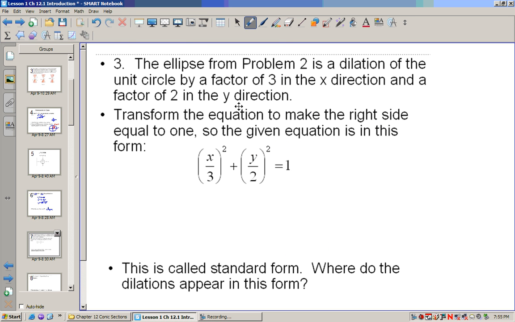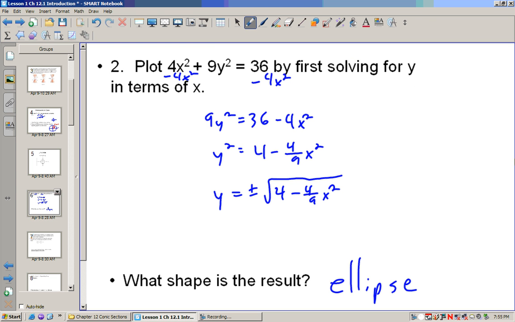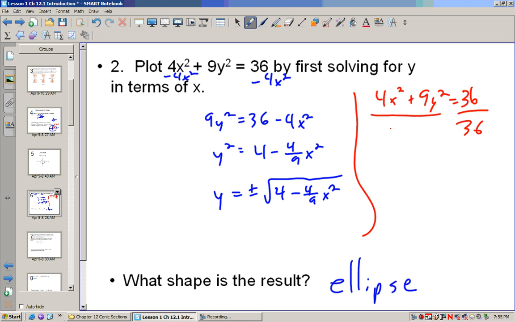The ellipse from problem 2 is a dilation of a unit circle by a factor of 3 in the x direction and a factor of 2 in the y direction. Transform the equation to make the right side equal to 1. If I have 4x squared plus 9y squared equals 36, we can divide both sides by 36.